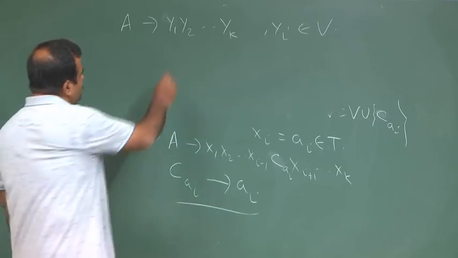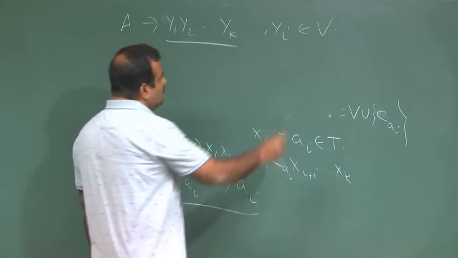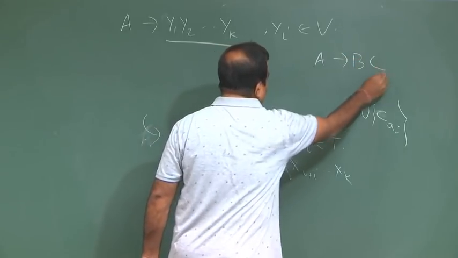Now, these are all variables. How to convert them? Because we know that our CNF is of the form A is going to BC, only two variables.